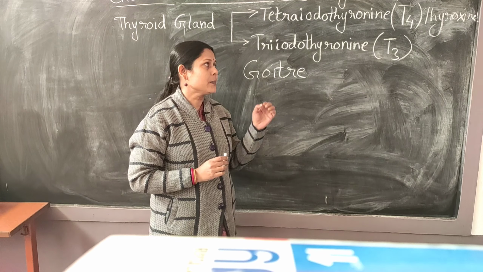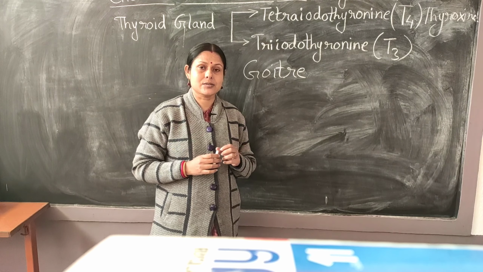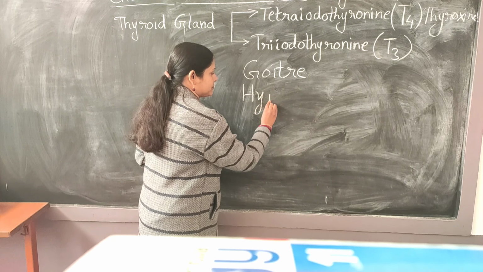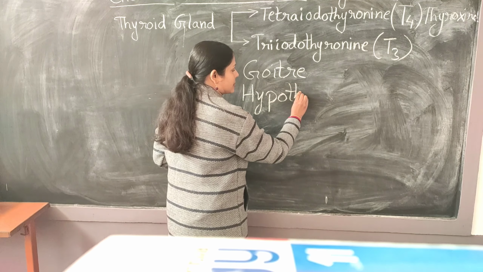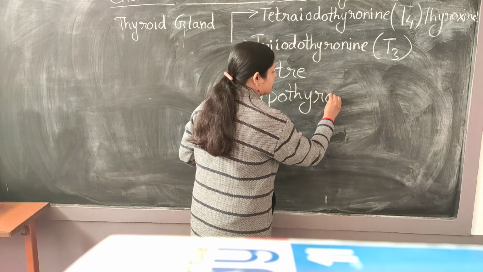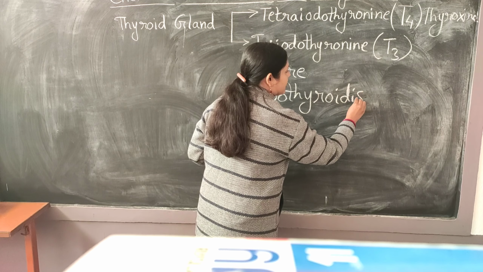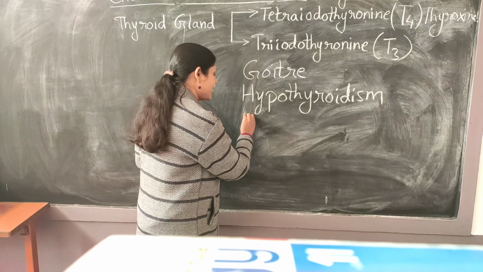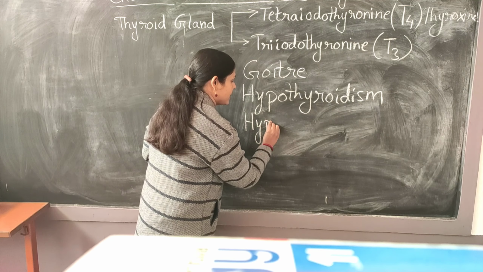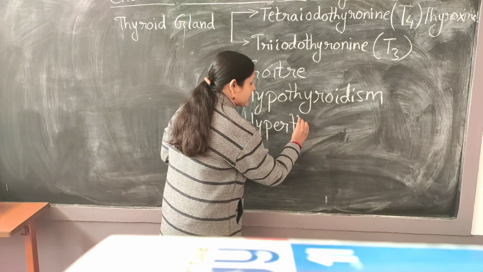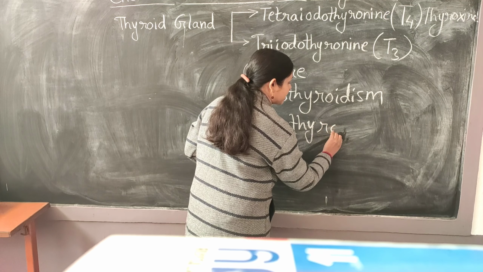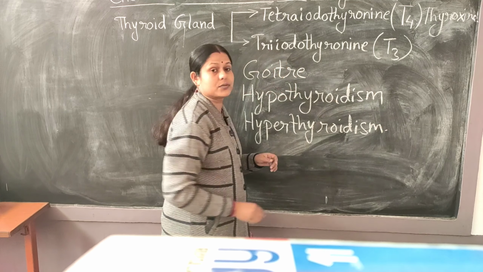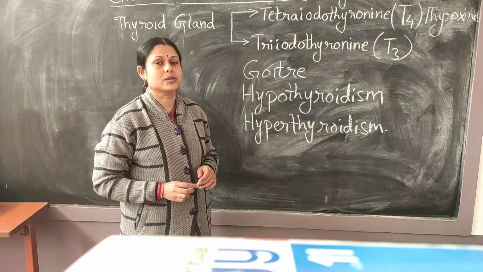See students, when the thyroid gland is secreting less hormone, we call that problem hypothyroidism. Hypo means less and hyper means more. So hyperthyroidism is the problem as a result of excess secretion of the hormones secreted by the thyroid gland.